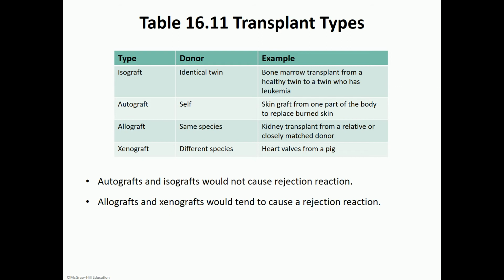That autograft, a skin graft from one part of the body to replace burned skin, is a safe transplant because there are no new antigens that you're exposing yourself to.